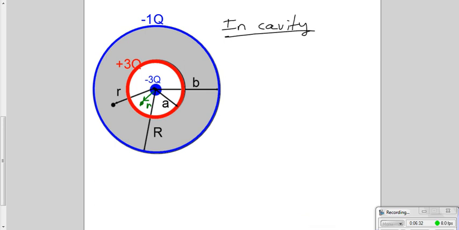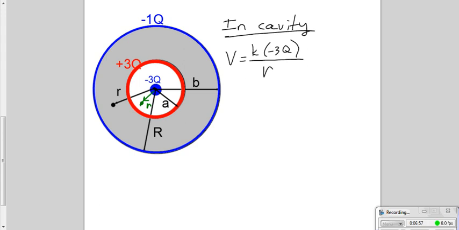So now, remember when we're outside, we have to use the distance we are from the center for our dot. So we would have a potential, at least partly made up of K times negative 3Q over our little distance r where that green dot is. Okay, we're just treating all of that as though it's a point charge, which in this case it actually is.